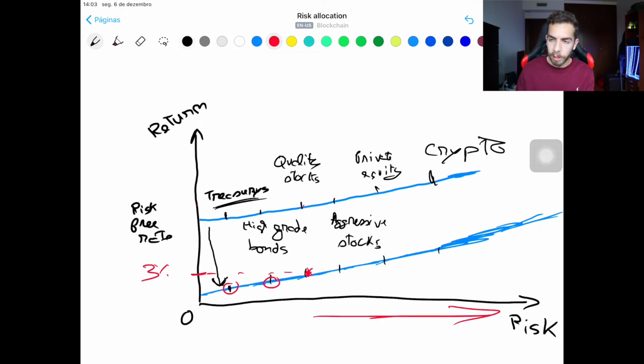Also, I forgot to put here, between maybe aggressive stocks and private equity, high yield bonds. Oh my god, my handwriting. I'm also not writing on the table.